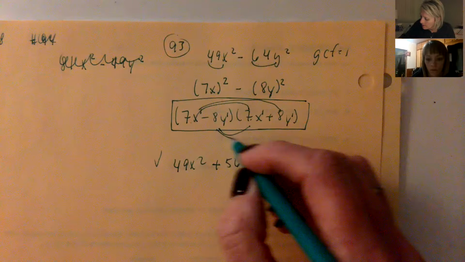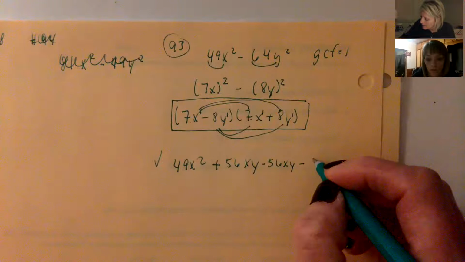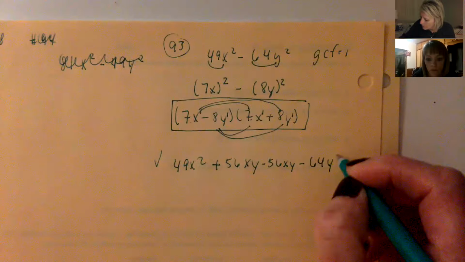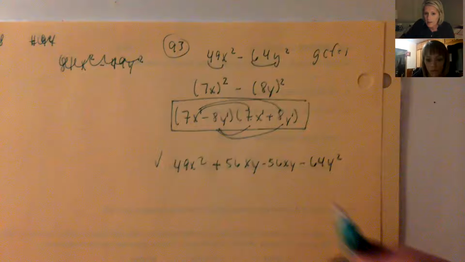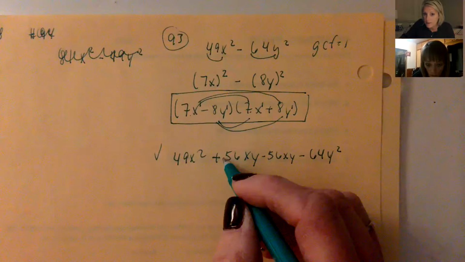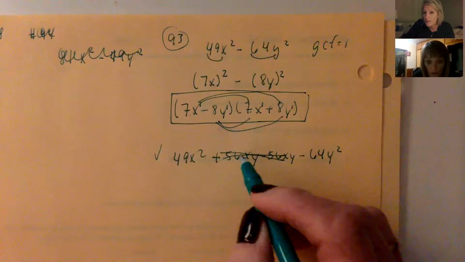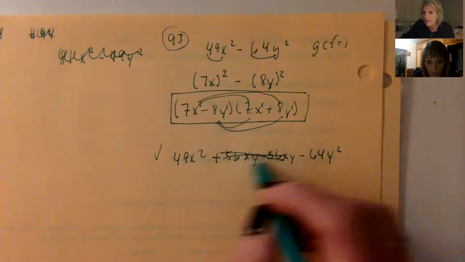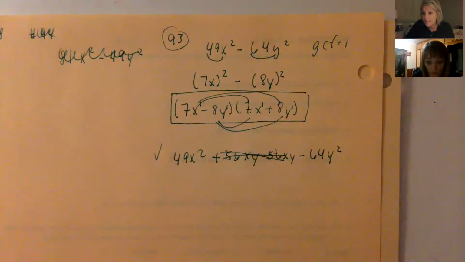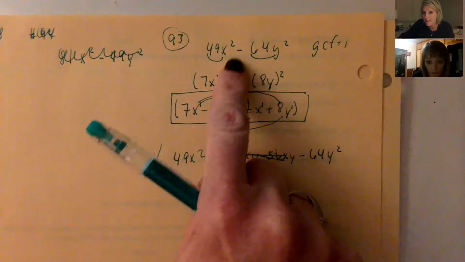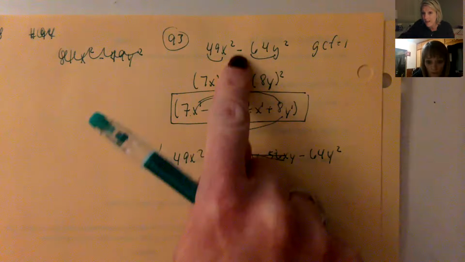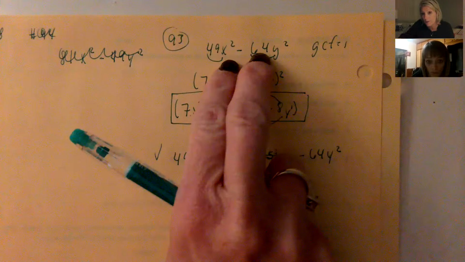And then a minus 8 times 8 is 64Y squared. And we can see that these two end up canceling out. They're plus minus of the same thing. So the reason we need them to be plus minus of the same number is so they add to 0, because what we started with doesn't have anything in the middle. It's just two terms.